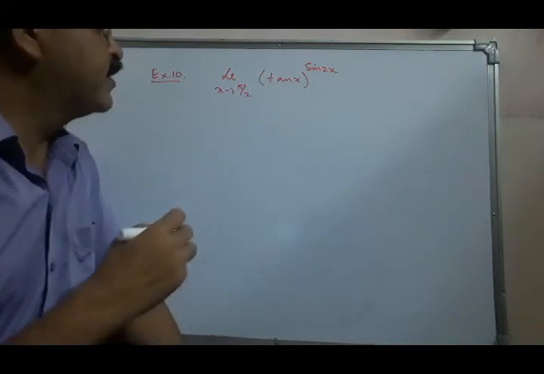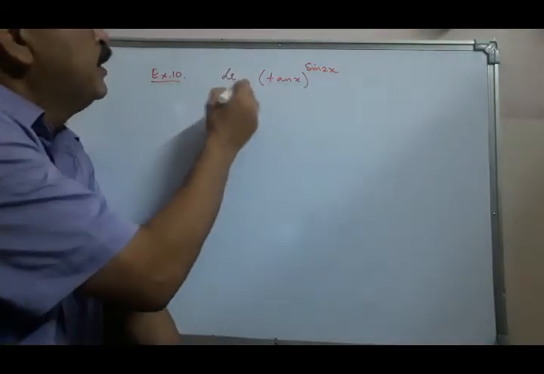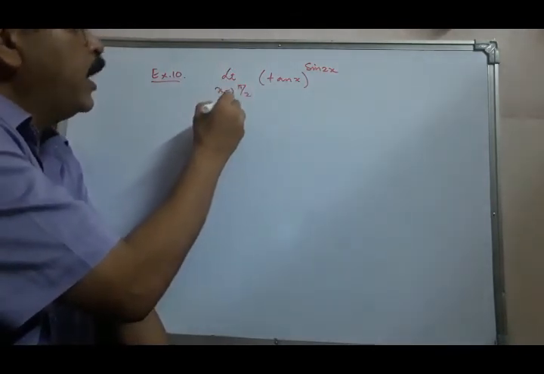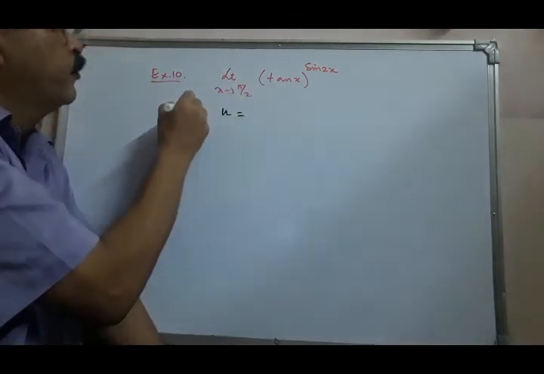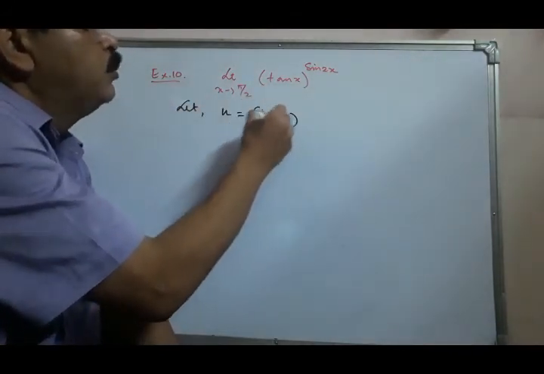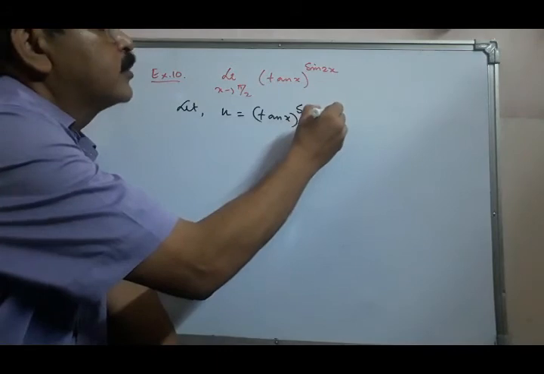Now we are going to the next example, number 10. Limit x tending to pi by 2 tan x to the power sin 2x. So here we have to take, let u equal to tan x to the power sin 2x.